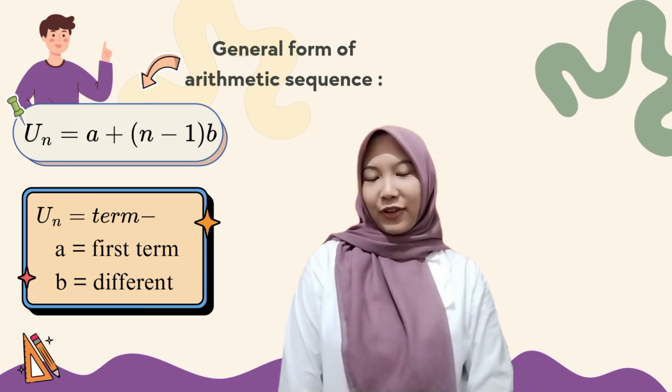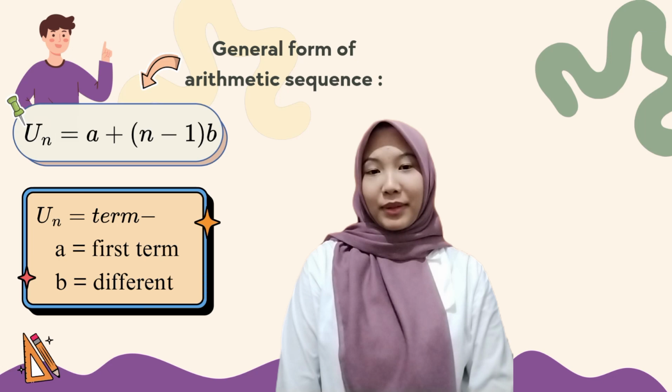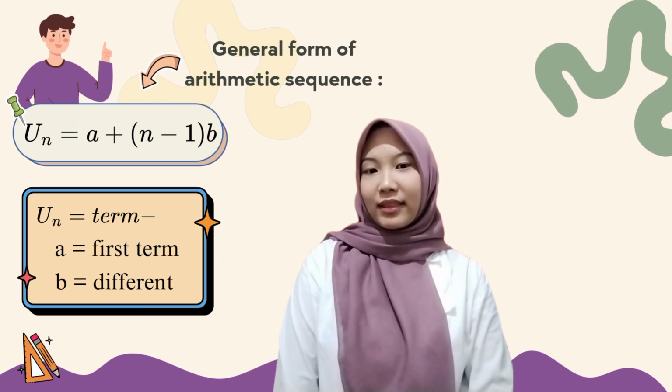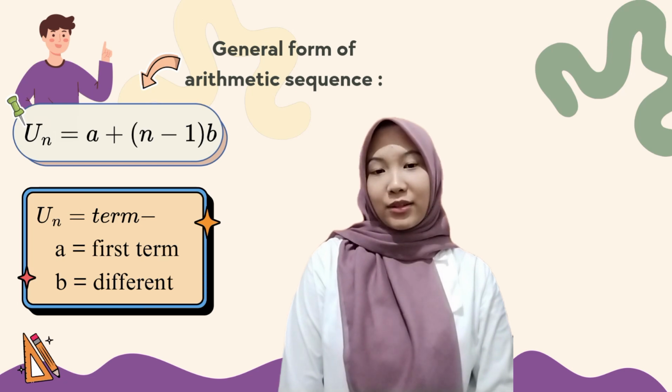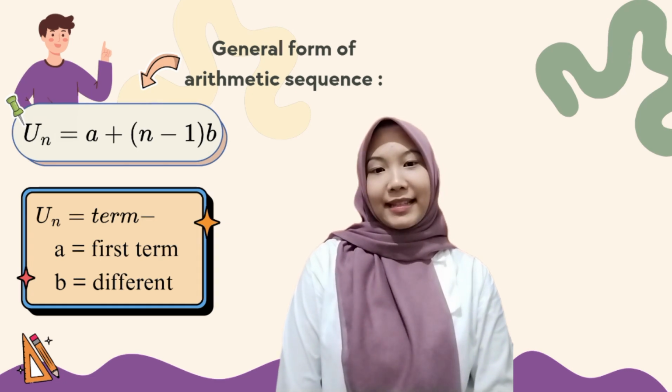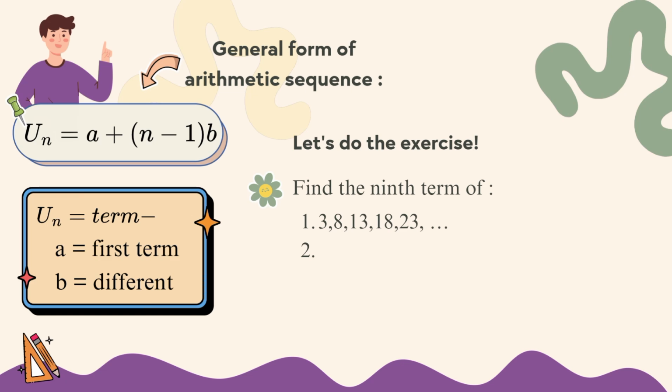The general form of arithmetic sequence is U sub n equals a plus (n minus 1) times b, with U sub n is the term, a is the first term, and b is the difference. After knowing the formula, let's practice. Number 1: find the ninth term of 3, 8, 13, 18, 23.